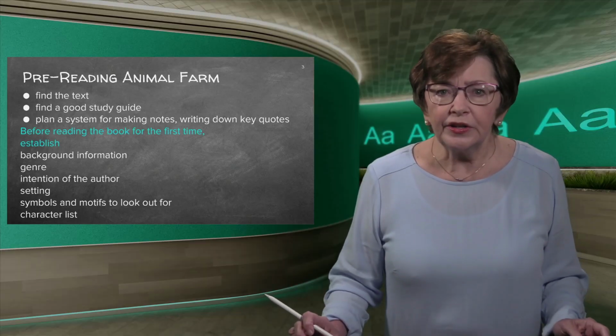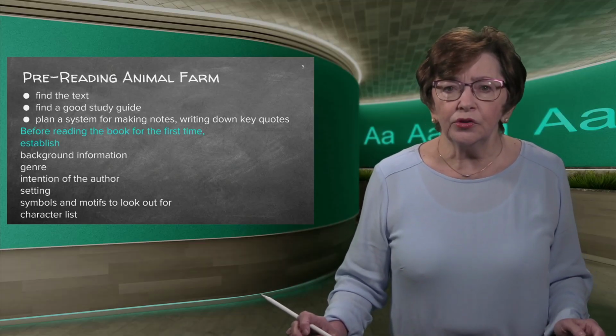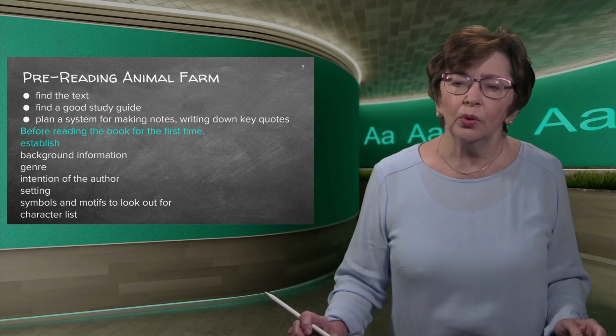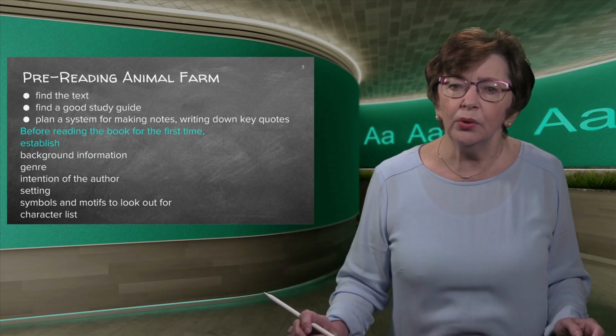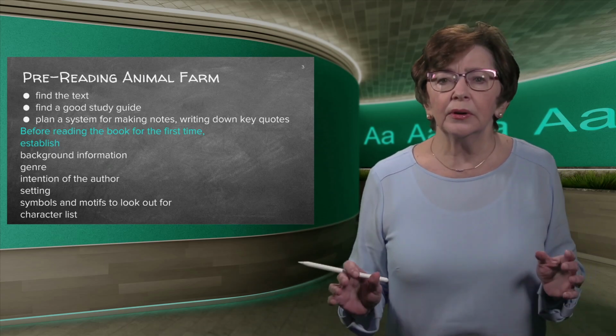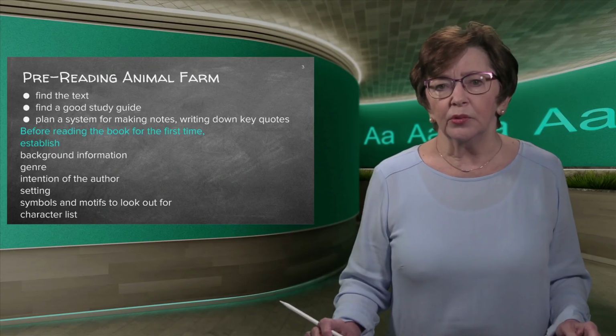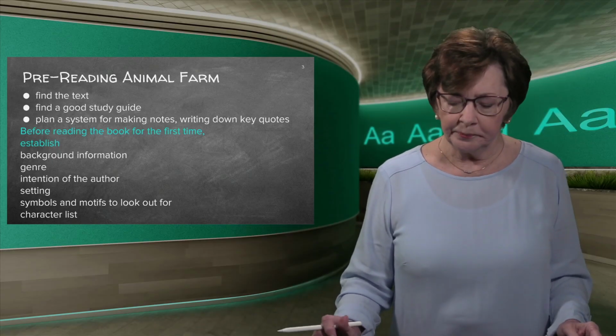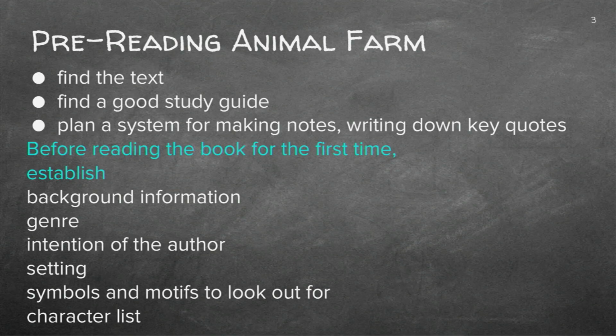So, firstly, we're going to have to look at what to do when pre-reading Animal Farm. In other words, we first have to do a bit of background research before we start reading, and we need to get ready. So, the first thing you need to do is find yourself a text. You can find it online easily.